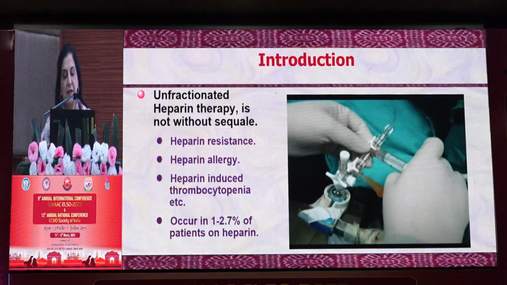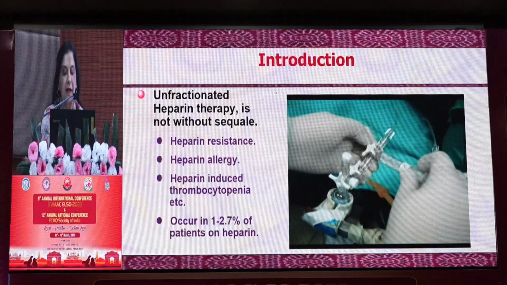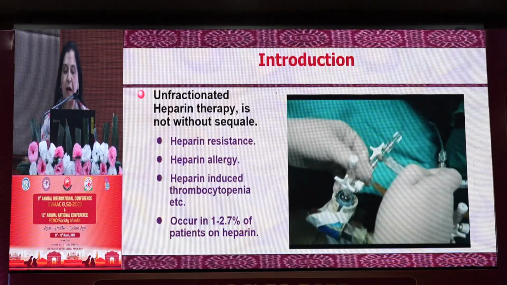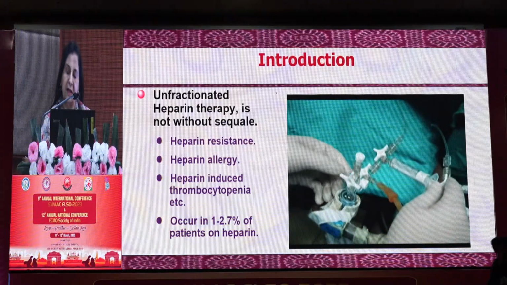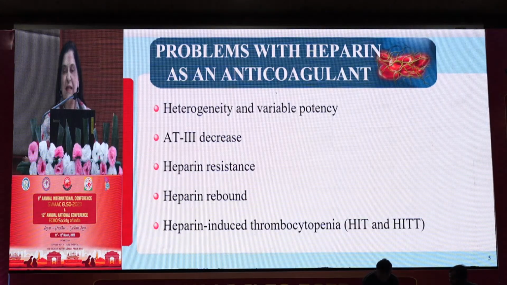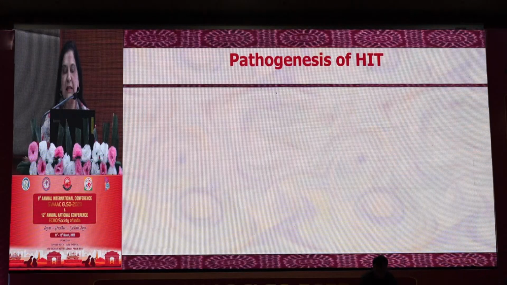Unfractionated heparin brings about resistance, allergy, thrombocytopenia, and in 1 to 2.7% of patients, when we give heparin and we are trying to see the heparin effect on an ACT or an APTT, we see that there is generally, by the starting of heparin, a decrease in antithrombin 3.